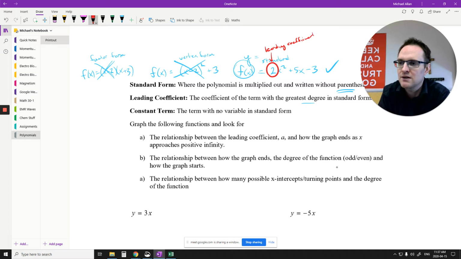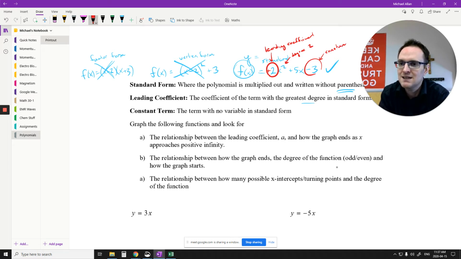This has the highest degree. This is a degree of 2, because that's the biggest degree, and the number in front of that is 2. Technically, it's positive 2. We'll talk about what that positive would do for the graph later on. The constant term is the term with no variables in it. So this last one here, this -3, that's my constant.